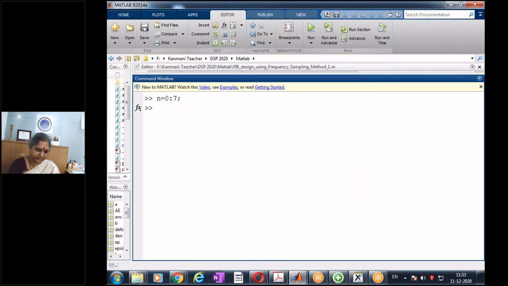And what is my h of n? My impulse response h of n is given by 2 into cos 2 pi n k, k is 7 in this case, divided by N, and N is 15, and the whole is divided by 15.